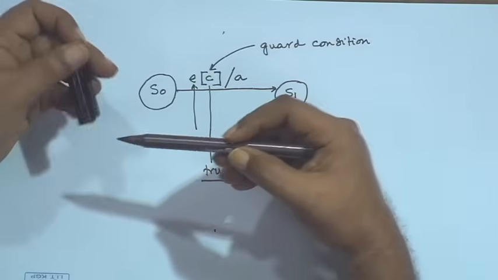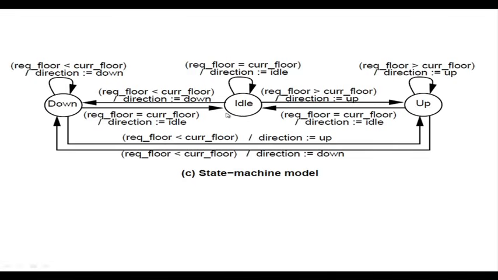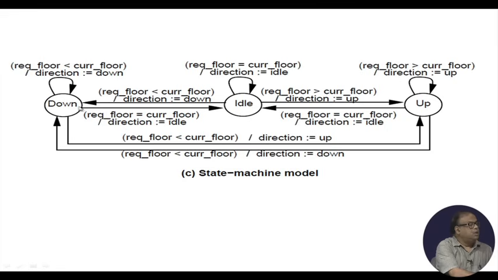Now, going back to our elevator example. It was in state down, and then what can happen? Assuming that there is a synchronous clock, it is checking that the request floor is still less than the current floor. So, it is going down.